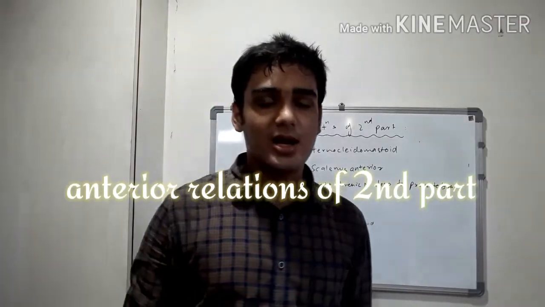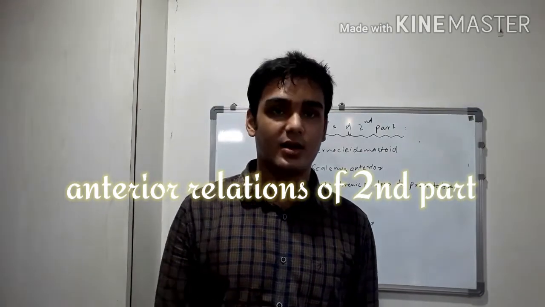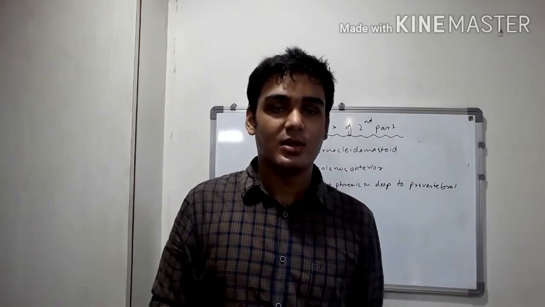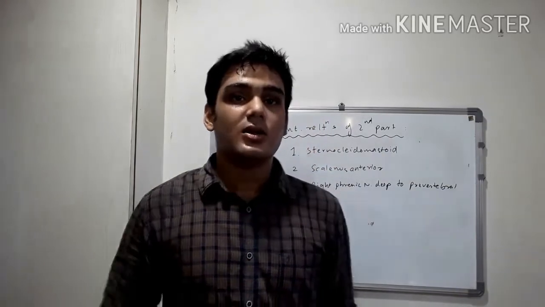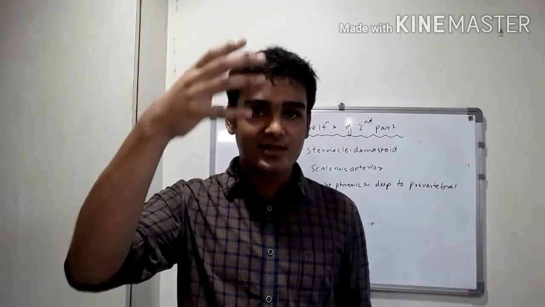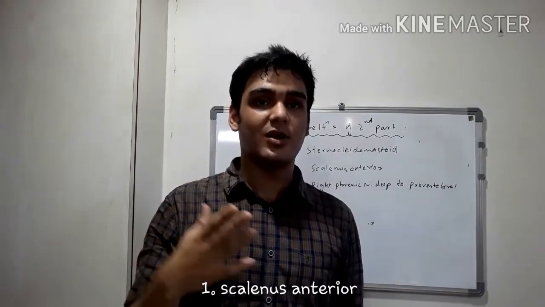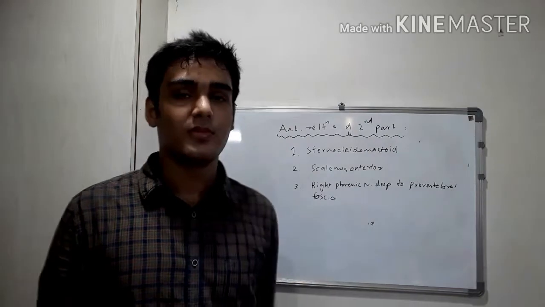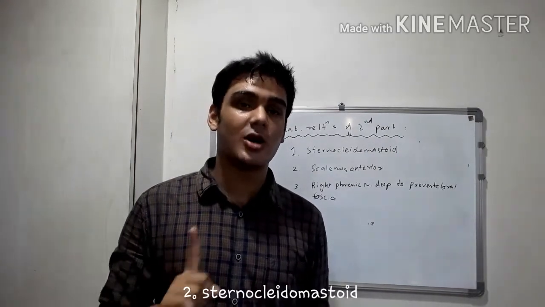Now talking about the anterior relations of the second part of the subclavian artery. While describing the division of the subclavian artery into three parts, I told that the second part lies behind the scalenus anterior muscle. So scalenus anterior is one of the anterior relations of the second part, and here it is. We have the scalenus anterior muscle, then the sternocleidomastoid.